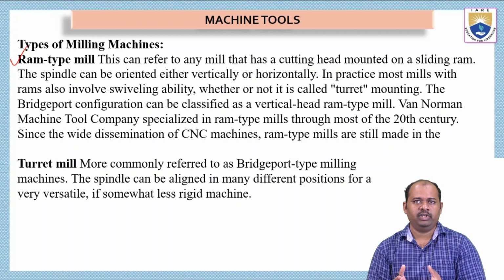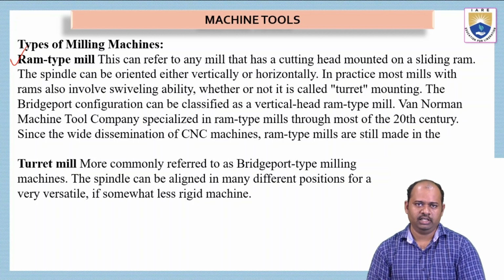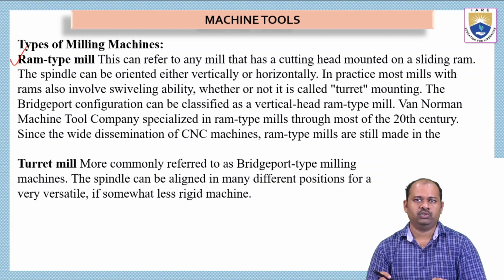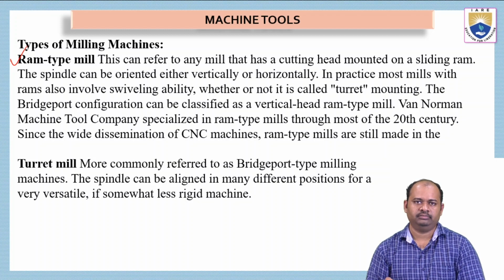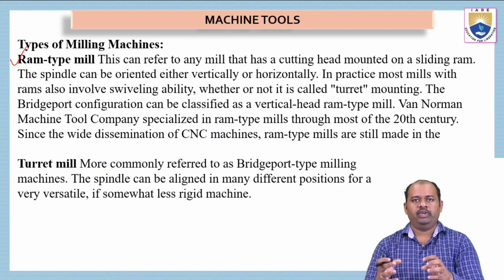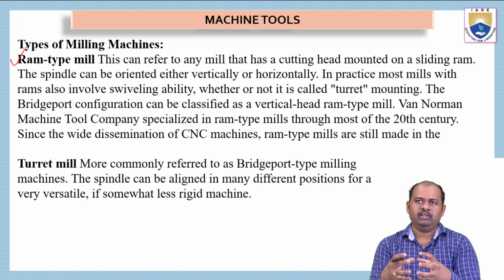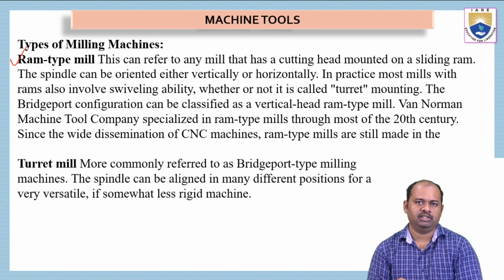The spindle can be oriented either vertically or horizontally. In both directions, we can attach the spindle. In practice, most mills with rams also have swiveling ability. So where we see swiveling ability in mills, those mills come under ram type mills.